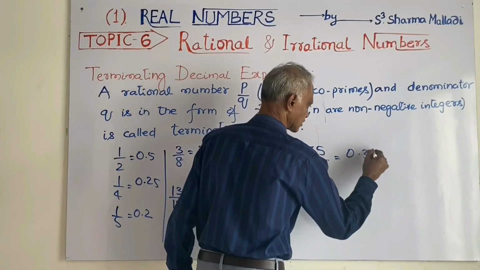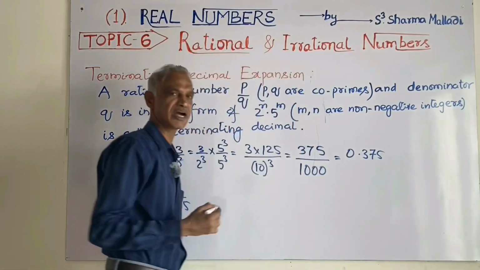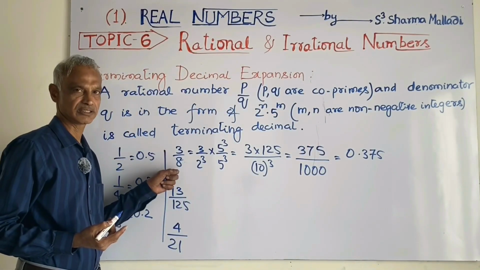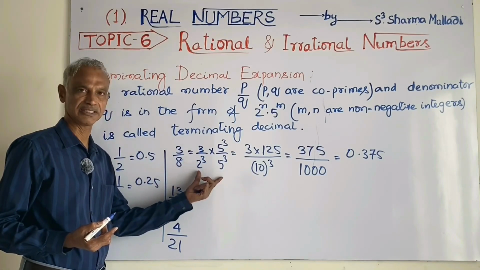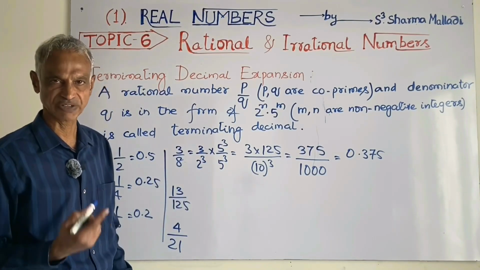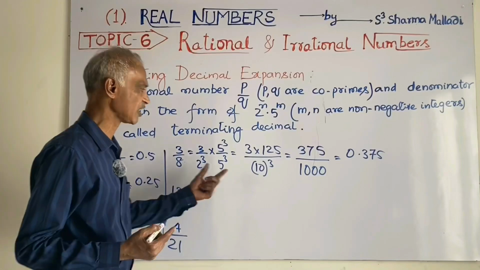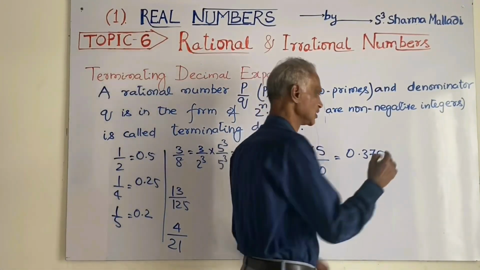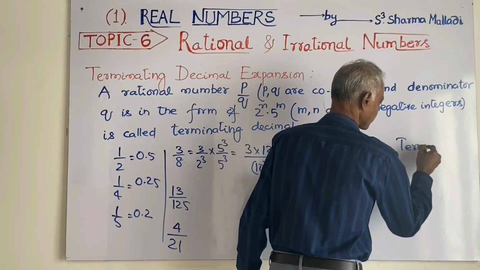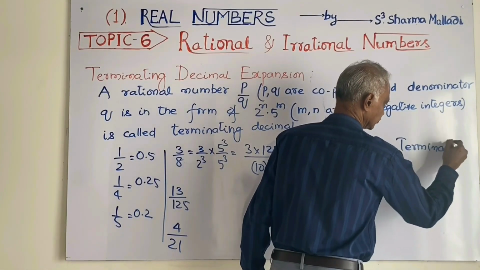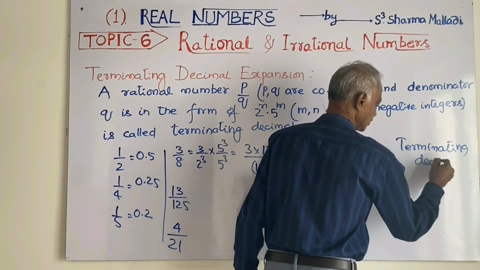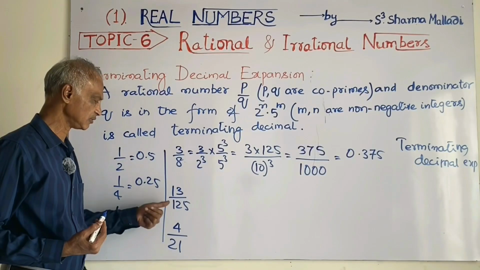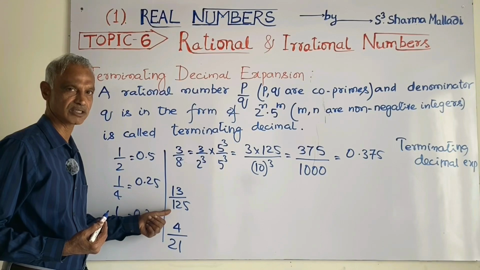This can be written as 0.375. What is the value of 3 by 8? I wrote the denominator in the form of 2 to the power of n into 5 to the power of m. We got 0.375. This is terminating decimal expansion.